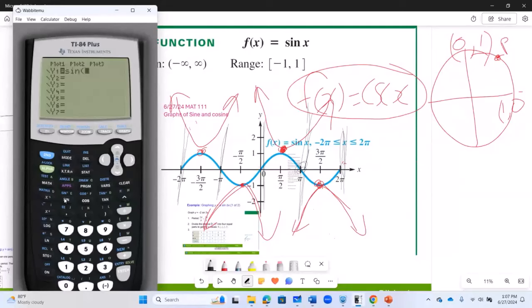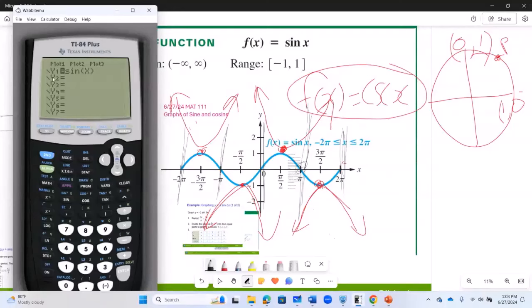But I want you to know that section 9.6 is sine and cosine, and section 9.7 is reciprocals. Later on, we shall talk about graphs of tangent and cotangent. Wherever I see theta, I put x in there.